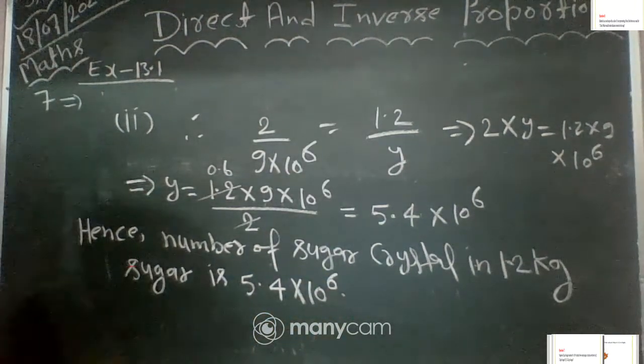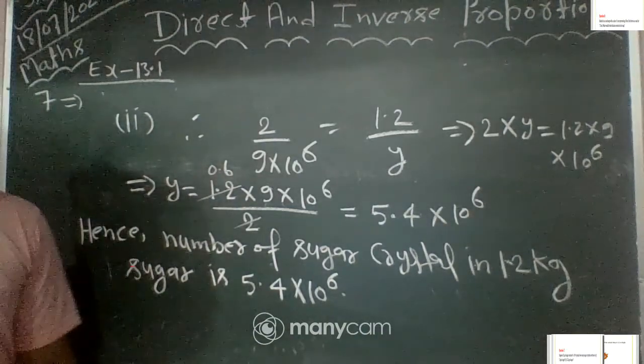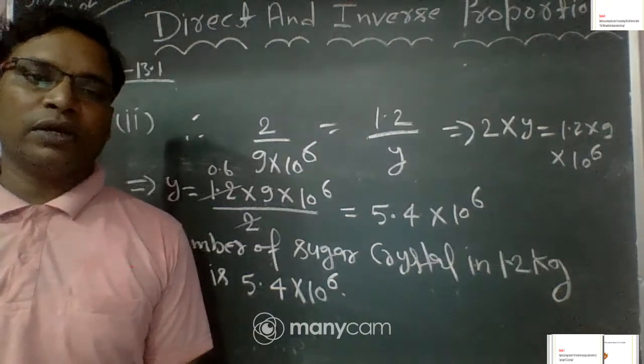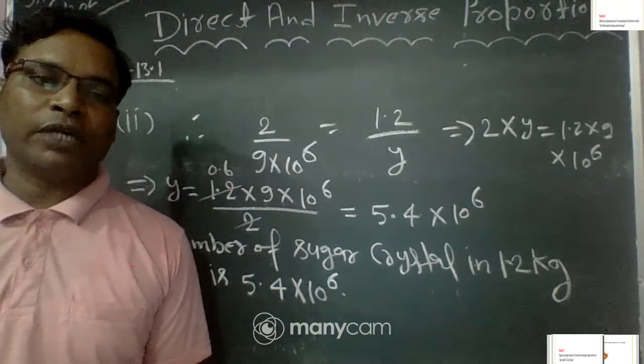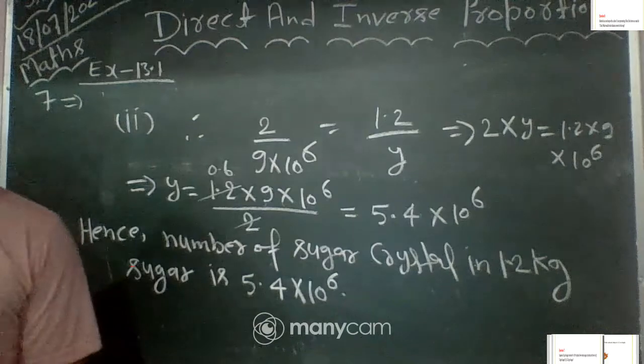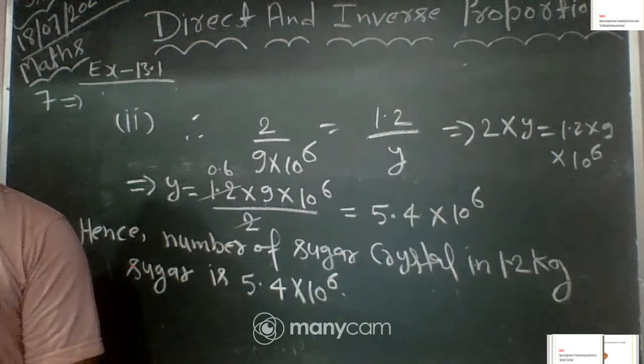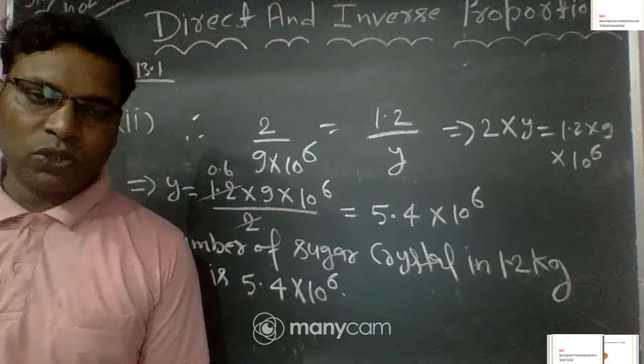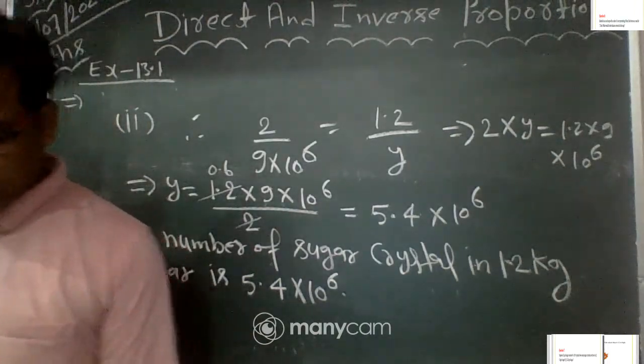Okay, so in this way we find the number of sugar crystals in 1.2 kg sugar is 5.4 into 10 power 6, and also we find the number of sugar crystals in 5 kg sugar is 2.25 into 10 power 7.